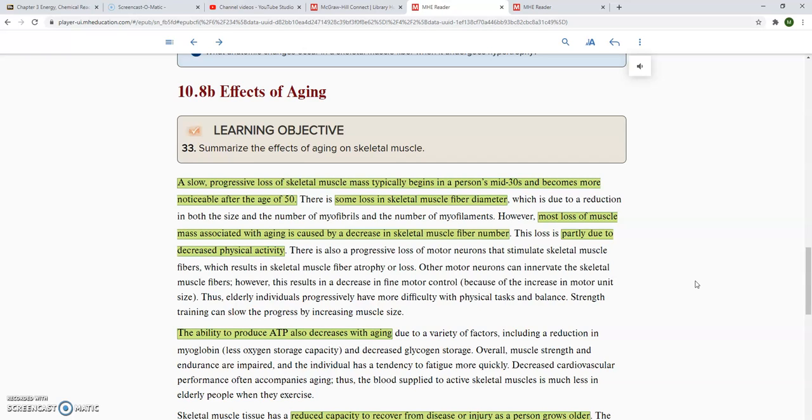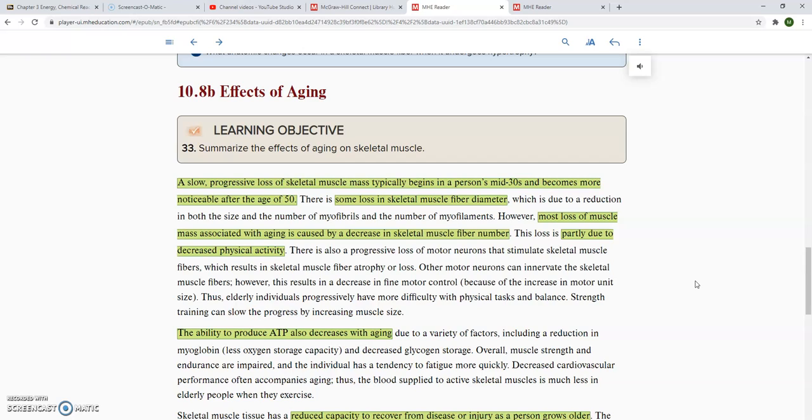But over time, just like with our bones, we talked about how the bone mass is going to, about mid 20s or 30s, start to drop off. So does your skeletal muscle mass. So slow, progressive loss of skeletal muscle mass usually begins in your 30s, more noticeable when you get closer to 50.